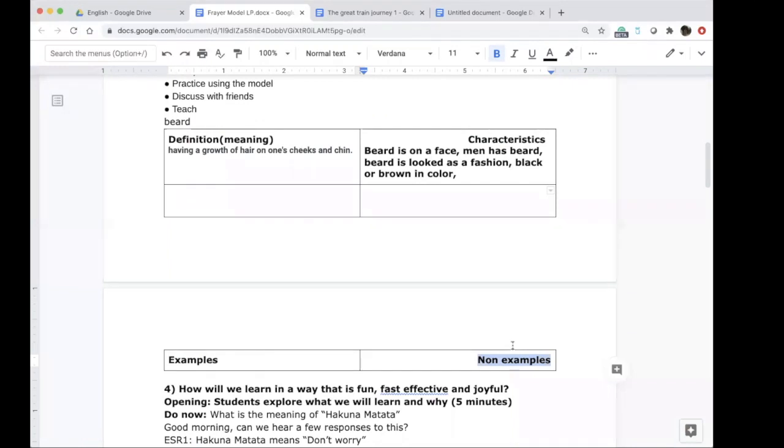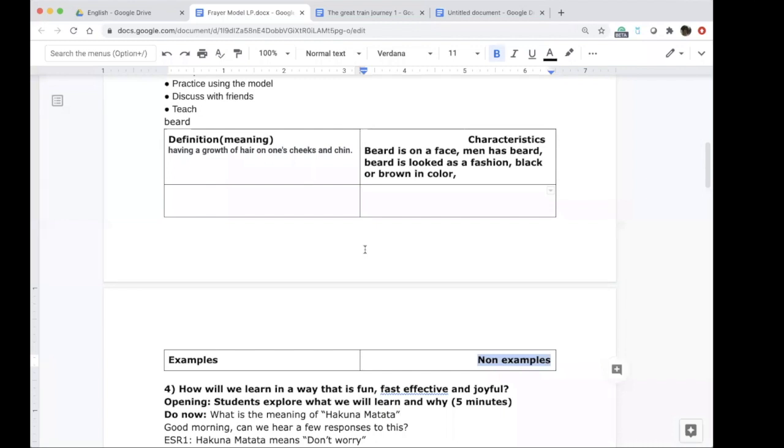Can you guys tell me that you understand what is the beard before doing this activity or after doing this activity? Which one is better? Hazira? Sir, before doing this activity, I know some of that information, but after doing these activities, I know clearly what the beard means.